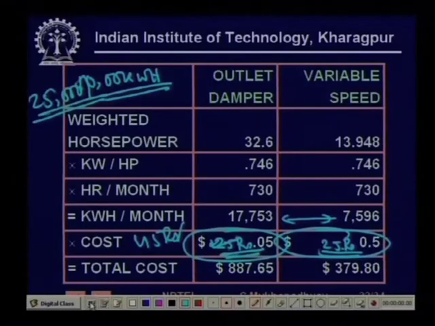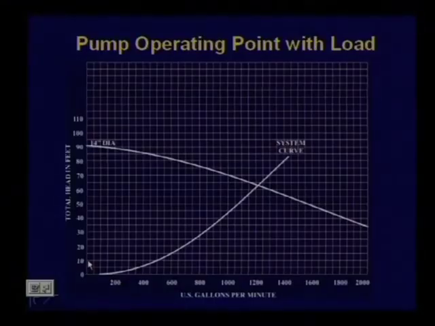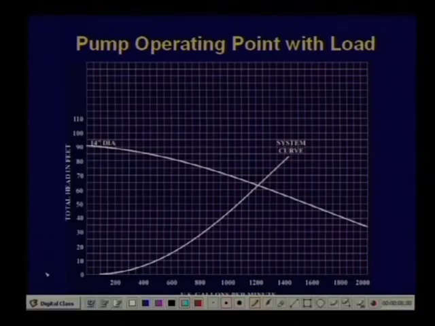So, we move over to the case of pumps. For pumps, this is a pump characteristic, again basically the same thing. So, we are going to do this a little bit fast.